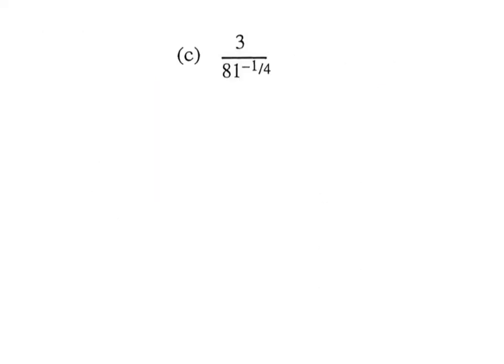The last one we have to do. Now, this is interesting. If I have a negative power on the top line, it means that if I move it up, I'll have a positive power. When we move from bottom to top, the sign of the power changes, and vice versa.